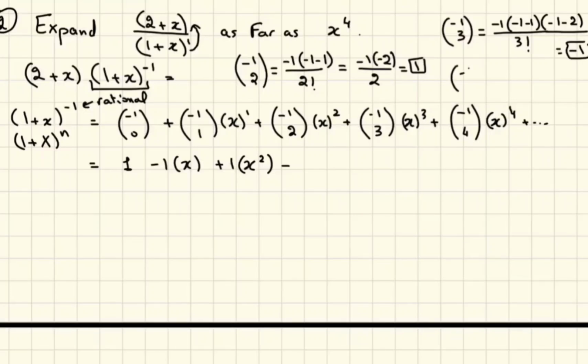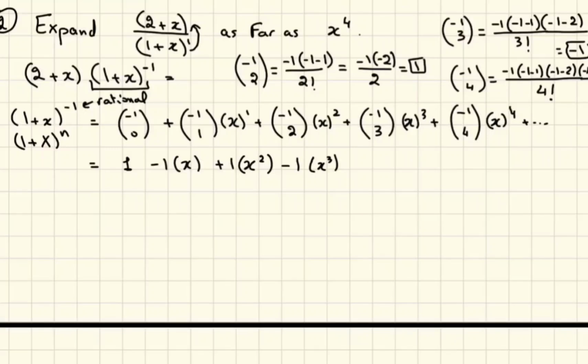Then negative 1 C 4, we're gonna use it. So let me write this, negative 1 x cubed. Negative 1 C 4, I write 4 factorial, and on top I write negative 1. I need 4 factors, starting with negative 1. So negative 1 is the first, this is the second, third, and this is the fourth.